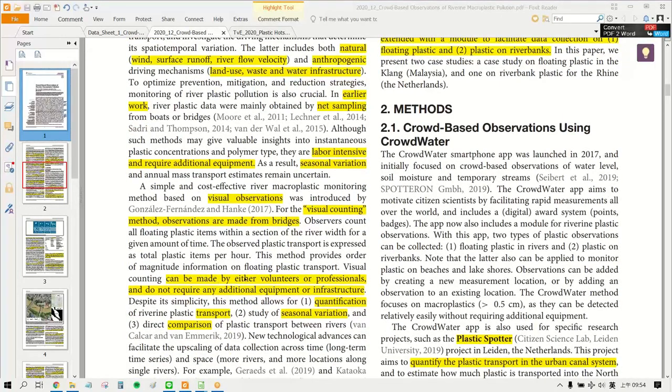It will be easier for volunteers or non-professionals, because it does not require additional equipment and infrastructure. And despite this simplicity, this method also allows quantification of plastic transport and seasonal variation, and comparison between rivers.